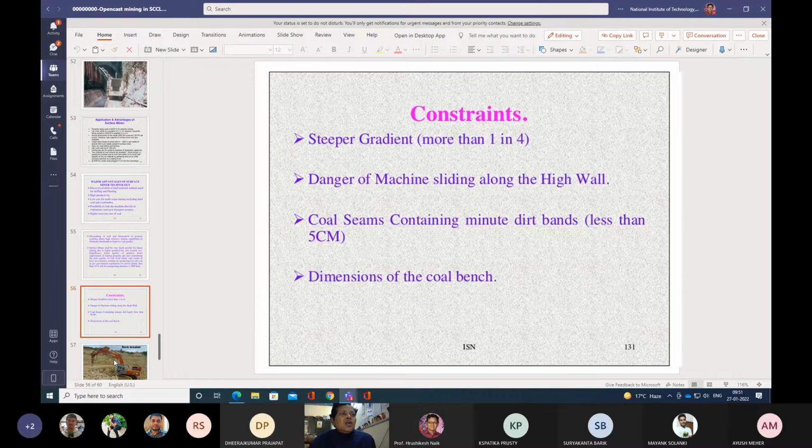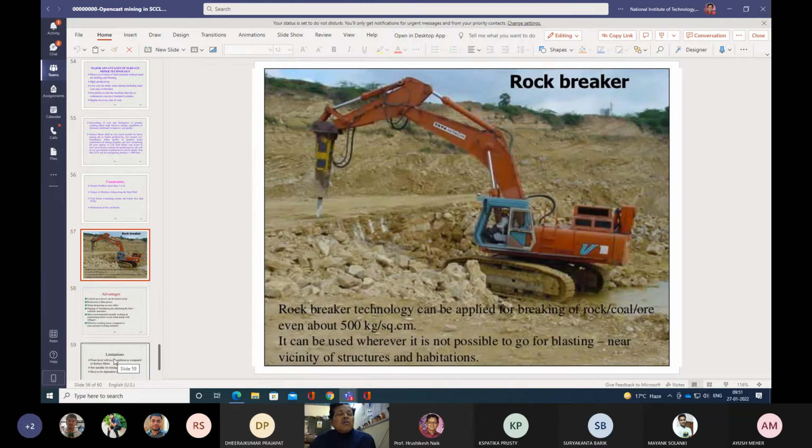So this is another machine which is called your rock breaker. It breaks the rock. So rock breaker technology can be applied for breaking of the rock, coal, or even about 500 kg per square centimeter.